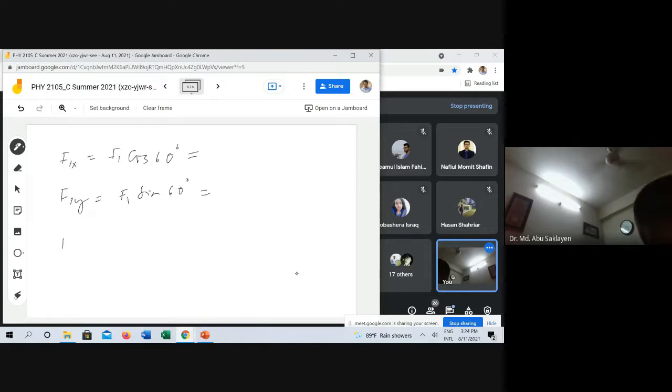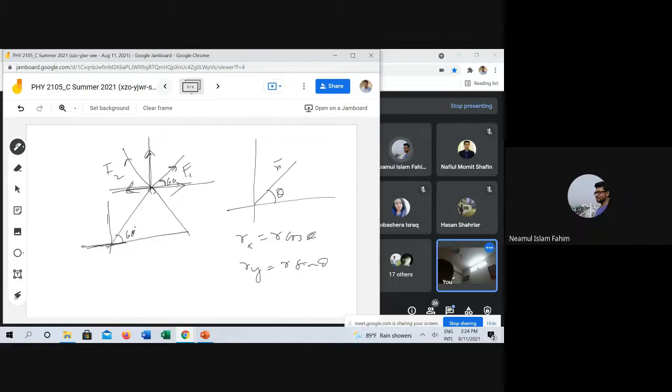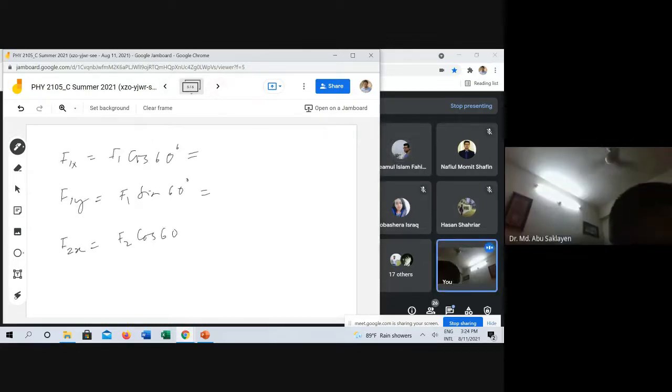And F2x equal to F2 cos 60 degrees, because all the angles will be 60 degrees. Yes, all of them. And F2y equal to F2 sin 60 degrees. You can find the magnitude.